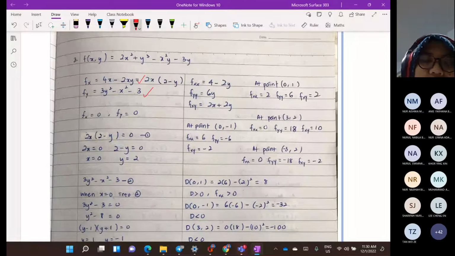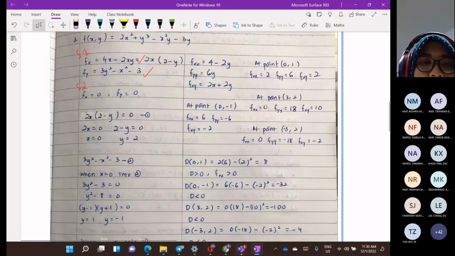Okay. Dan step 2 kita jadi fx equal to 0 dan fy equal to 0. So 0 equal to 4x minus 2xy. Dan ini first equation dan second equation ialah kosong sama dengan 3y square tolak x square tolak 3.